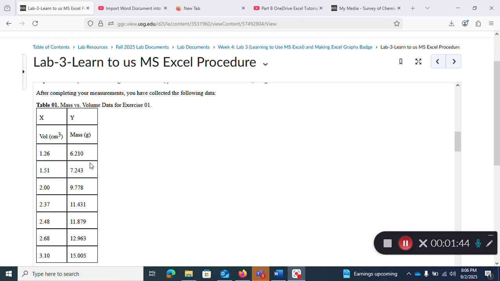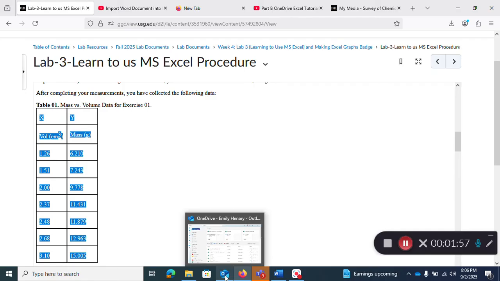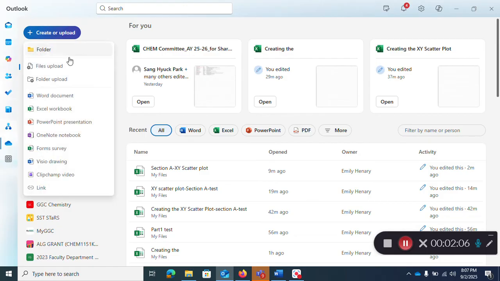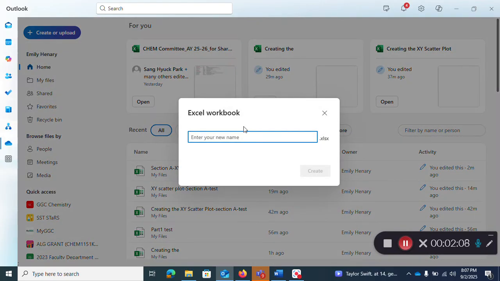So let's get started by highlighting the data associated with table 1 here. I'm gonna Control C to copy that, and I'm gonna access Excel on my OneDrive.